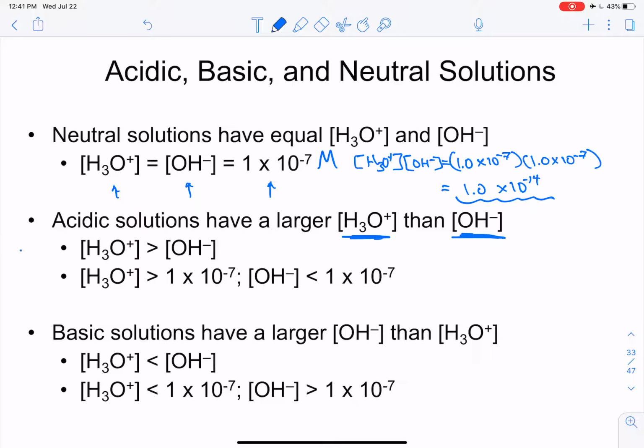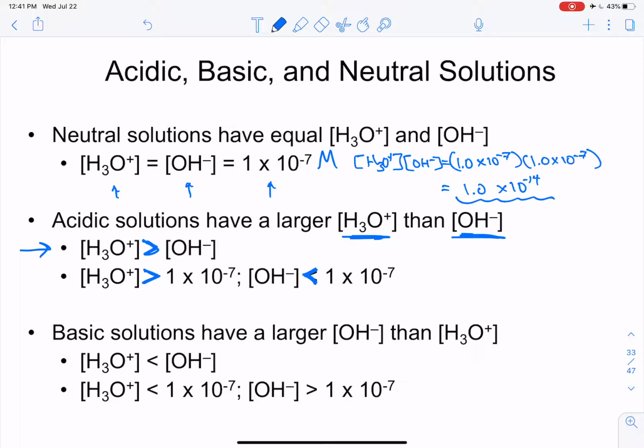So the concentration of hydronium is greater than the concentration of hydroxide in an acidic solution. So the concentration of hydronium will be greater than 1.0 times 10 to the negative 7, and the concentration of hydroxide will be less than 1.0 times 10 to the negative 7.